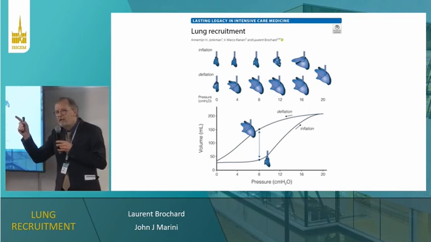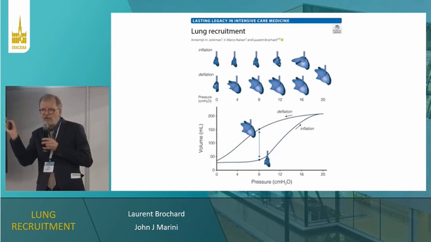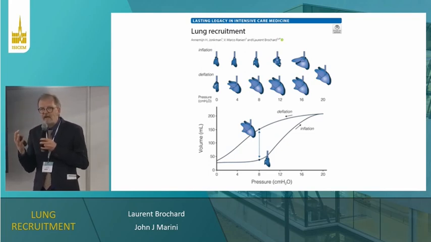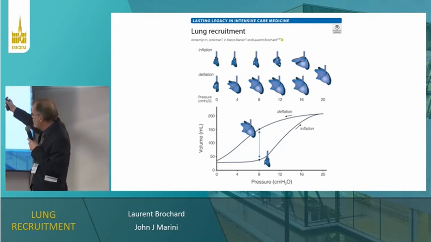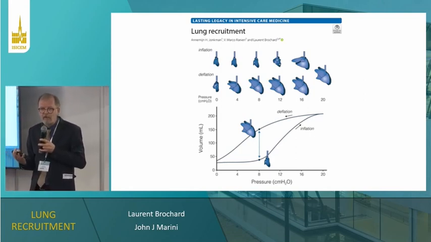So this pressure-volume loop in physiology, the fact that there is a big difference between inflation and deflation, has been called the hysteresis. And part of this hysteresis is directly explained by the properties of the surfactant, which decrease the surface tension. But, as you can see on the photograph, it's also the reopening of the lung, right?